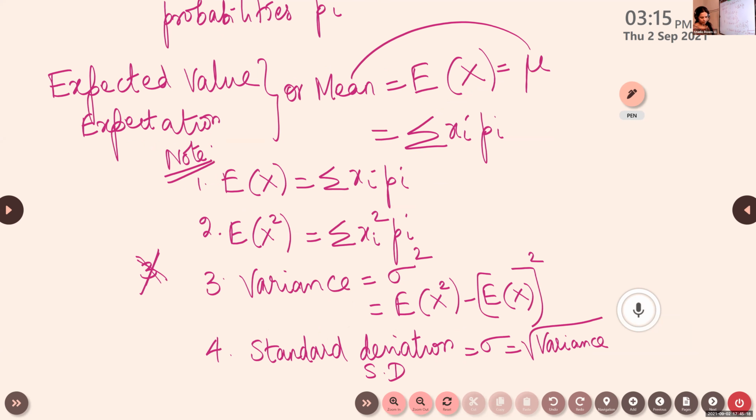Standard deviation is square root of variance. Variance of x, sometimes we denote like this also, VAR of capital X, variance of capital X.